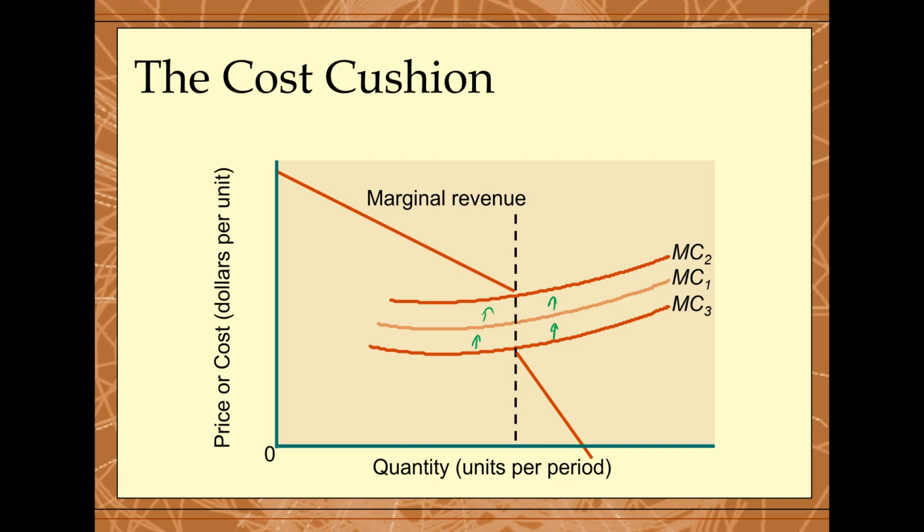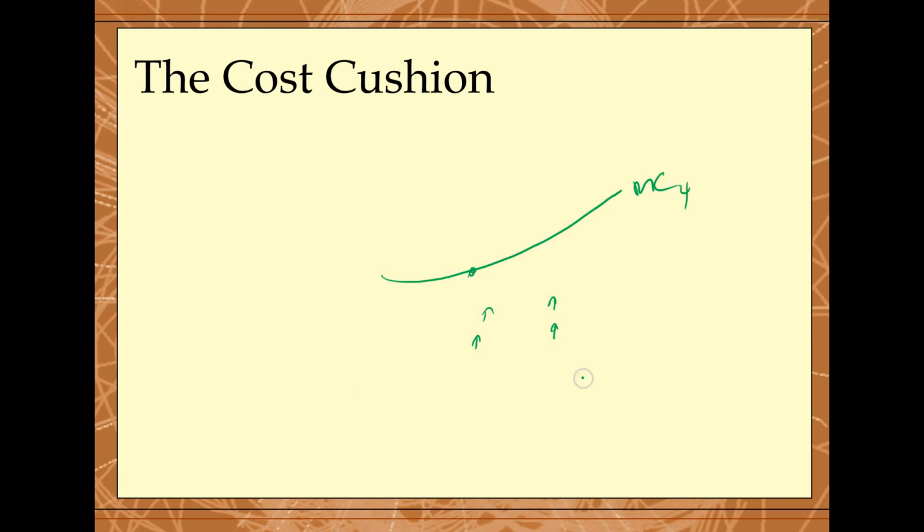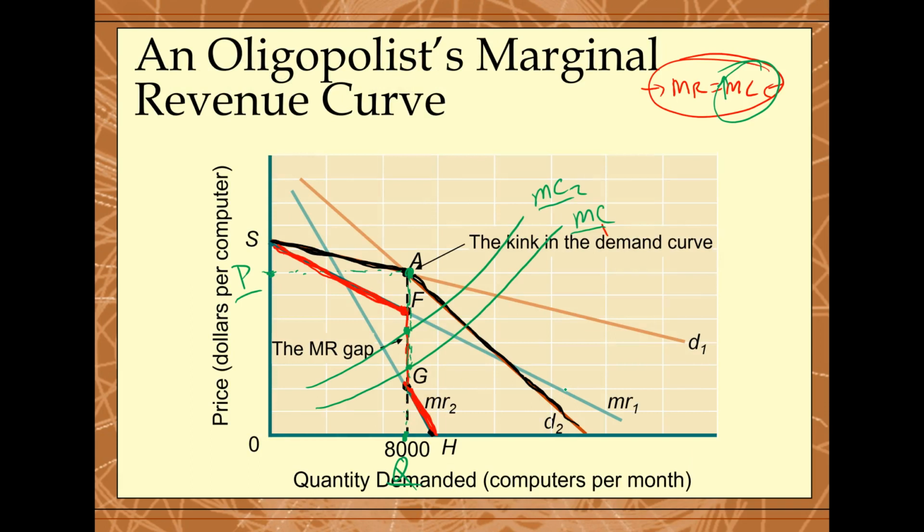Up to a point, because if I keep raising costs, let's say to here, MC4, you could see that we do have a new intersection. So let me go back to here. You could see how when I went from MC1 to MC2, we didn't change P and we didn't change Q. But if I raise it to MC3, we will change price and we will change quantity.